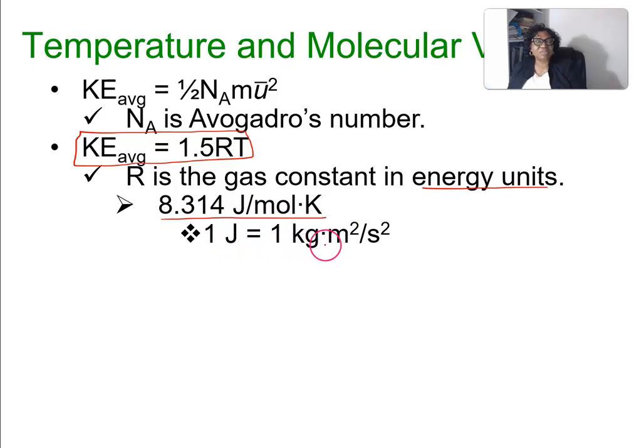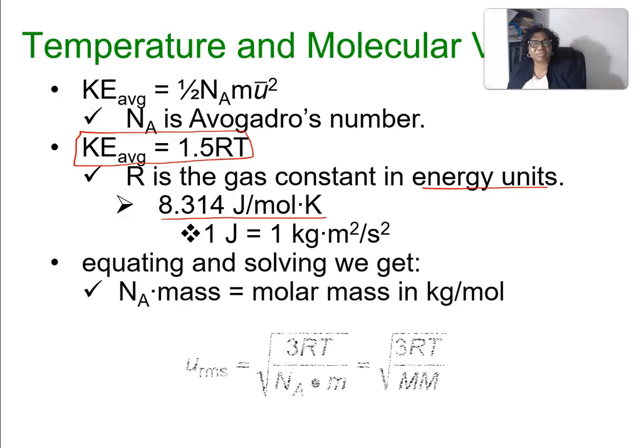And a joule is kilogram times meter squared divided by second squared. So equating and solving, we get Avogadro's number times the mass equals the molar mass in kilograms. This is the molar mass in kilograms.